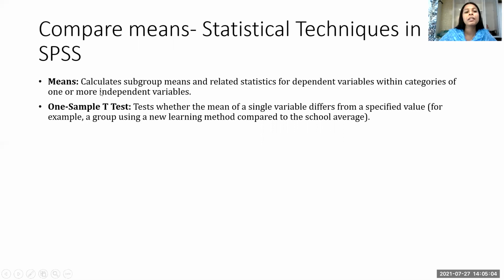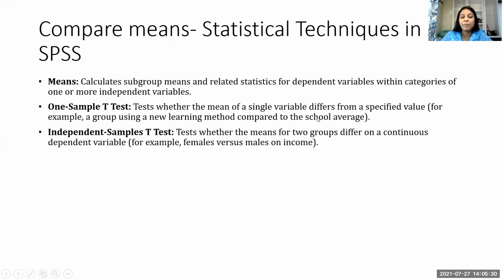So for this kind of analysis, where you want to test whether the mean of a single variable differs from a specified value, you perform the one sample t-test. You specify a certain value and check whether the mean of the variable that you want to test is different from that particular specified value or not.